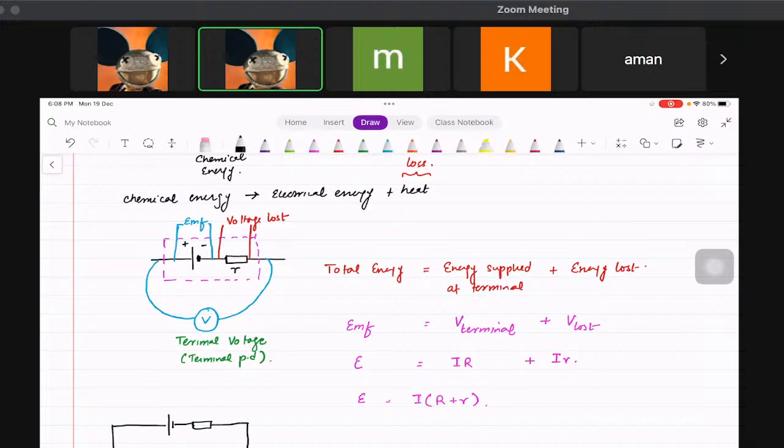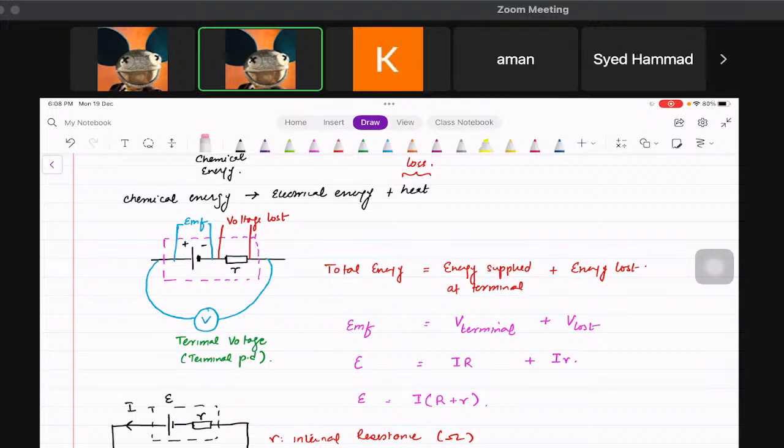So this section is your battery, this is EMF, this is small r, this is capital R, and the current is I. So in this formula, small r is the internal resistance, of course in ohms, and capital R is called the load resistance, which means it is any appliance that you're using in this particular circuit to run.